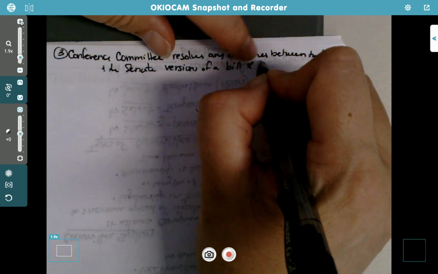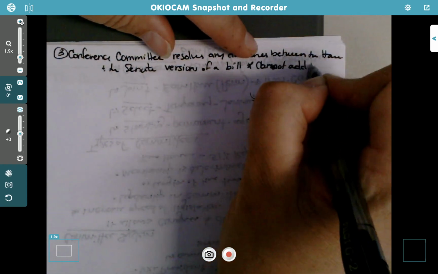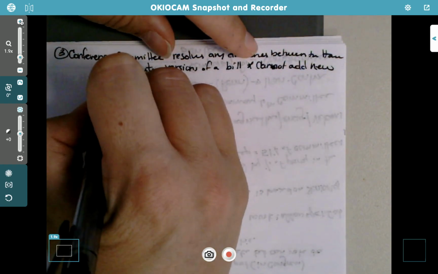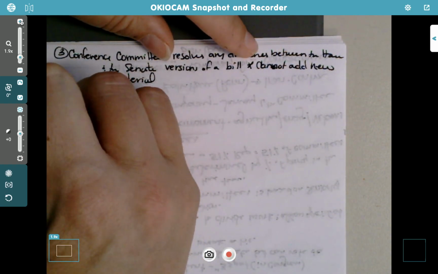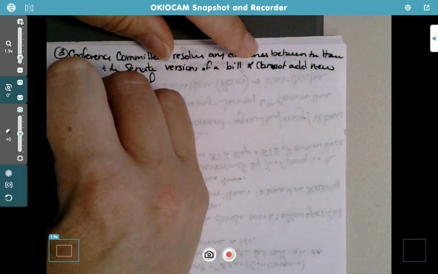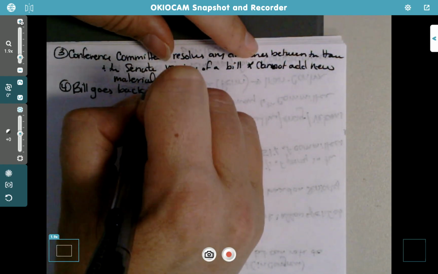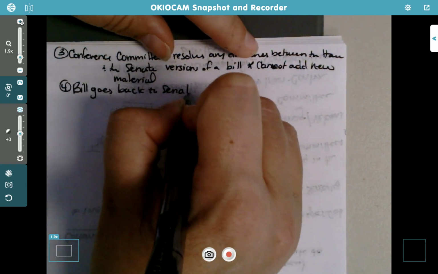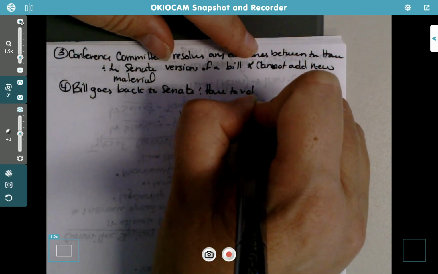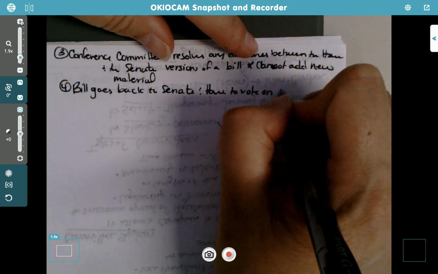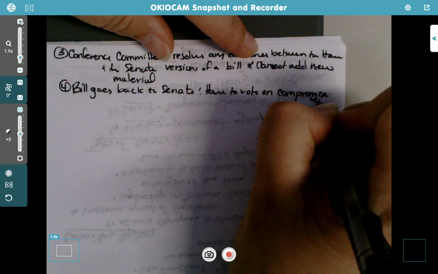The star: it cannot add new material. 4. Bill goes back to Senate and House to vote on compromise version.